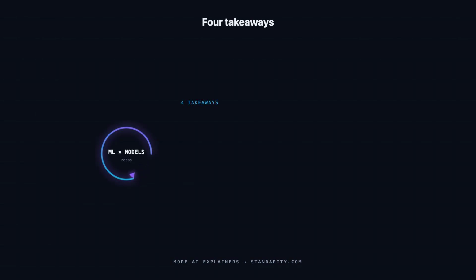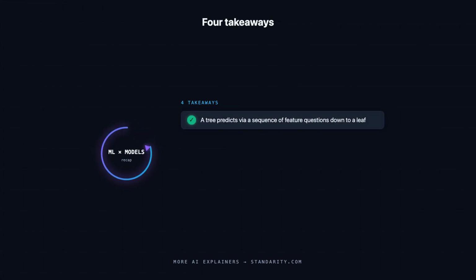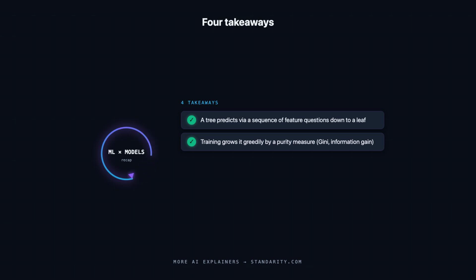All right, let us pull the essentials together into 4 takeaways. A decision tree predicts by asking a sequence of simple feature questions, branching like a flowchart until it reaches a leaf that gives the answer. Training grows it greedily, picking at each node the split that best separates the classes by a purity measure like Gini impurity or information gain.